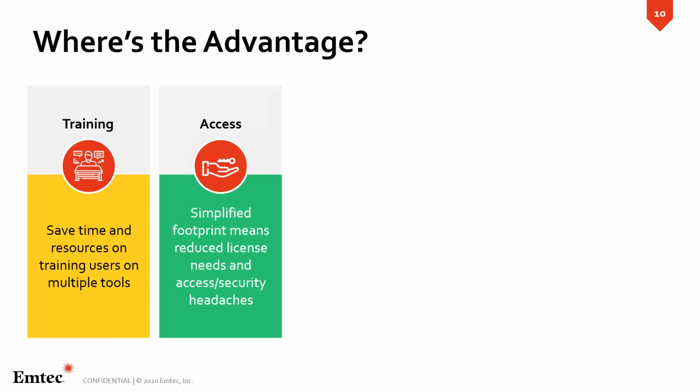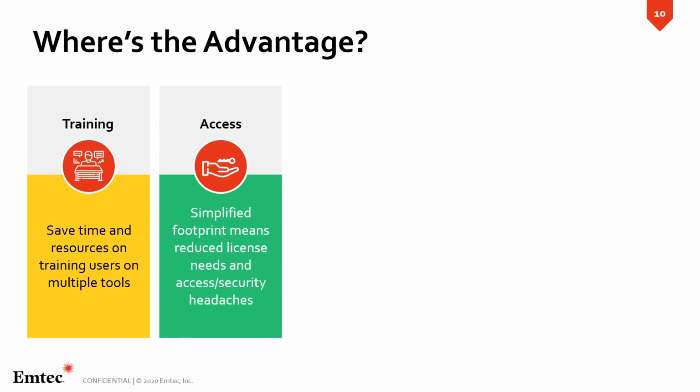From an access perspective, obviously, users don't need to access multiple systems now, and from both an end user and administration perspective, you can have a much cleaner user access profile, and licensing needs can really be simplified across the organization.